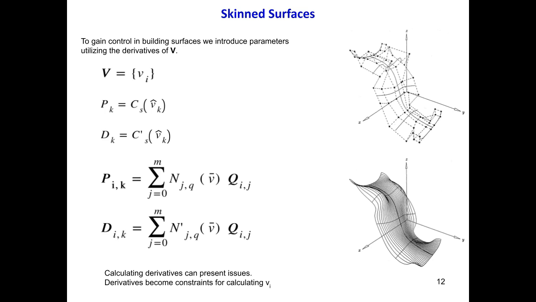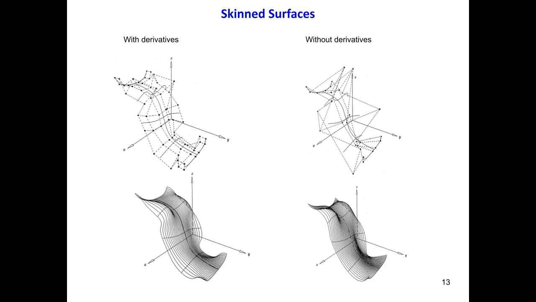So here we can see two surfaces, one on the left with derivatives, one on the right without derivatives. The bottom portion is a little tough to see the difference. On the top we can definitely see a difference in the control points, the way that they were being interpolated.